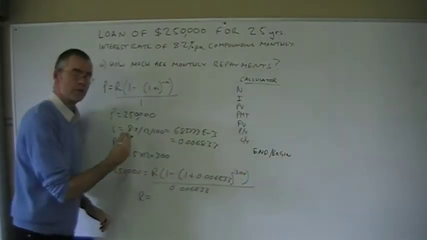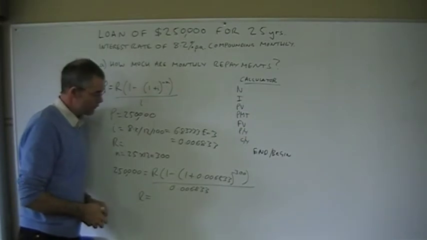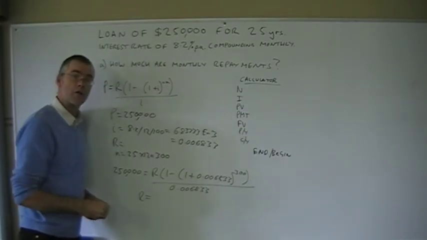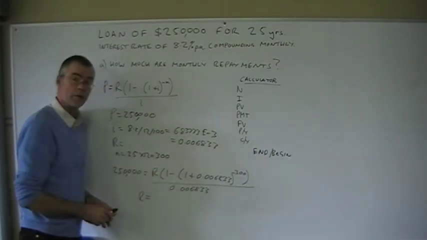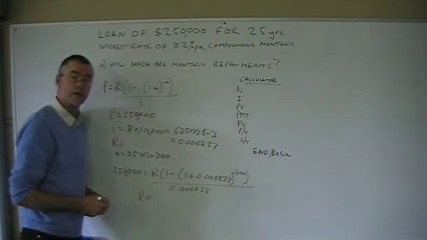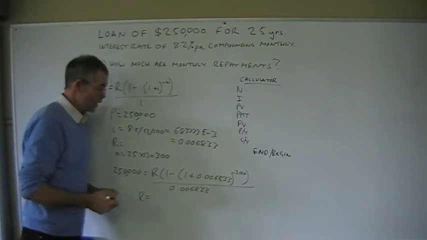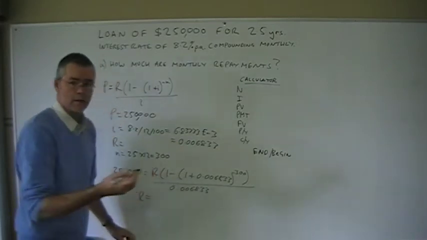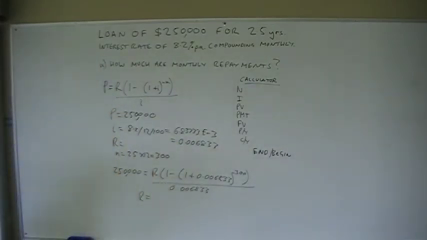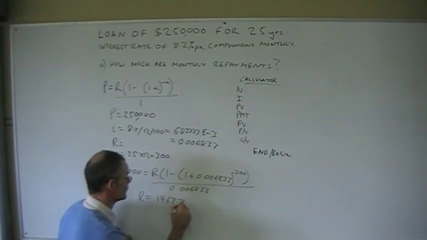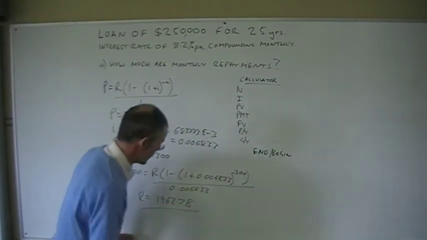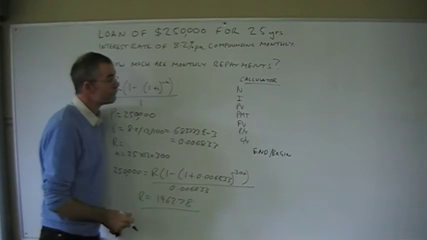Once you've got the equation with all the values in it, well, if you have a Casio ClassPad, your calculator's got a solve button. You can just solve that lot and it'll pop out what the value comes to, or if you have a different calculator, you can do it the way that you are most comfortable with. The R comes to, again, I just did this a minute ago, 1962.78. So your monthly repayments are that much.